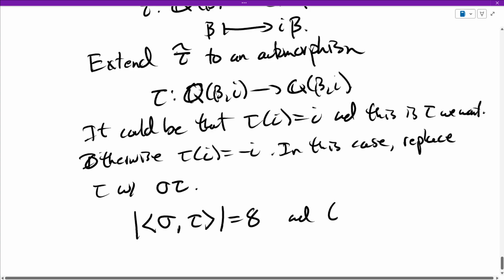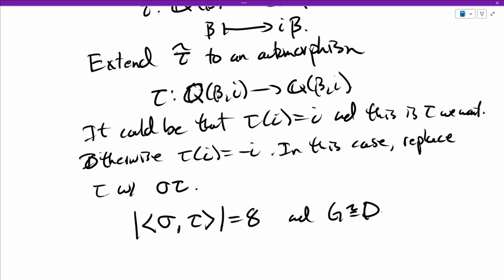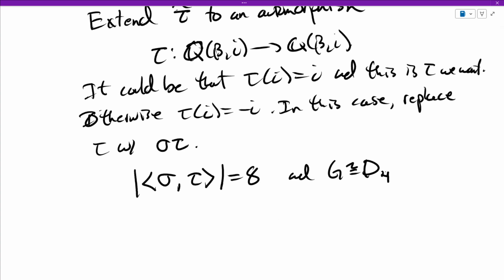And in fact, this is the dihedral group. There's two ways of writing it. You can either write it by the order of the rotation, so rotation by 90 degrees has order 4, or you can write it by the number of elements. I'm going to copy the book and write it as D4 here, and so G is the same as D4, as a subgroup of S4.